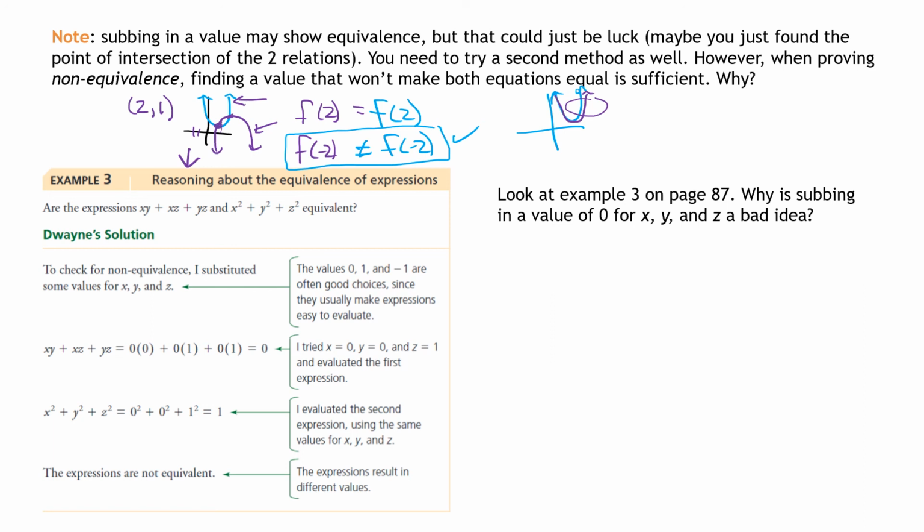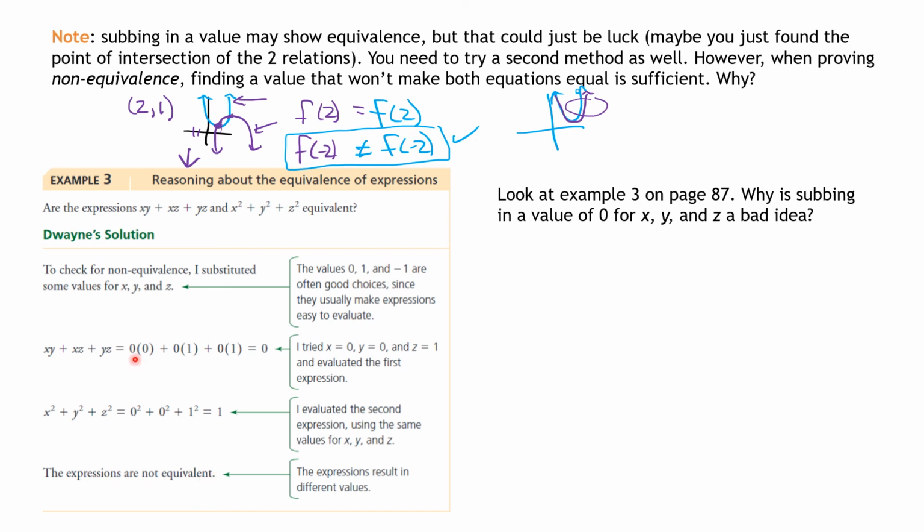So let's look at this question that was in the textbook. Are these expressions equivalent? Just look at what they've got here: x's, y's, and z's. What if I said, I'm going to sub in 0 for x, y, and z? I'm going to get 0 equals 0. This person did sub in 0 for some of them, but they also used a 1, and they found the expressions were not equivalent.